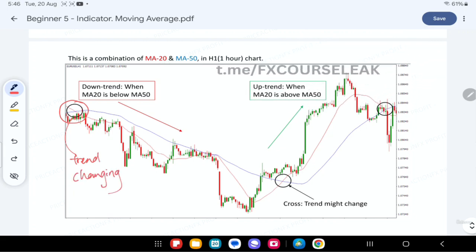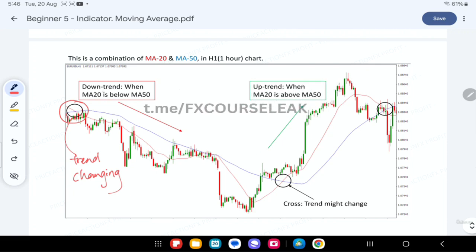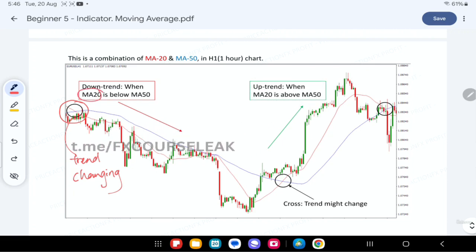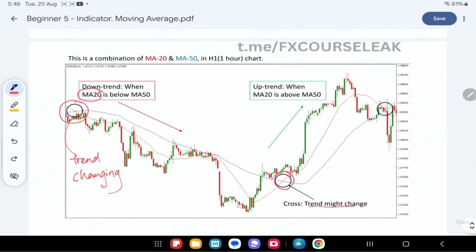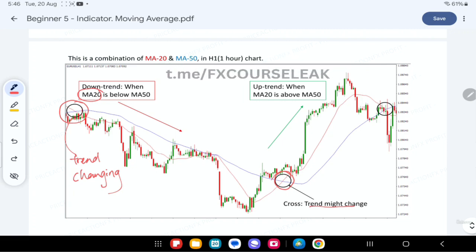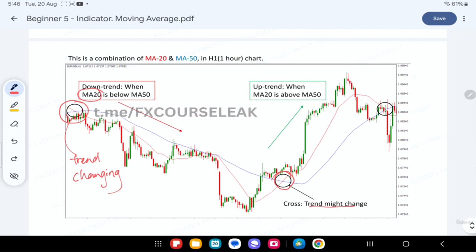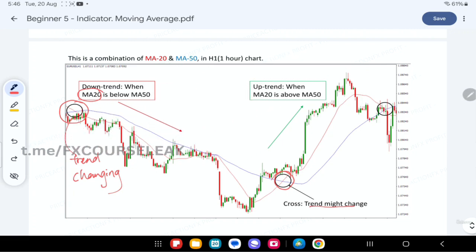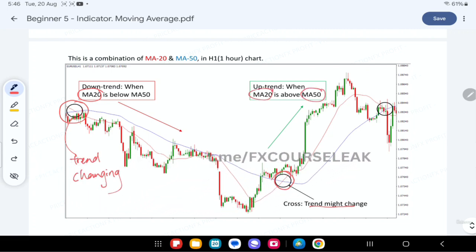During a downtrend, you will see MA 20 below MA 50. When it comes to the lowest point and you see a crossing, the trend might change. The moment it goes back to an uptrend, you will see MA 20 above MA 50.